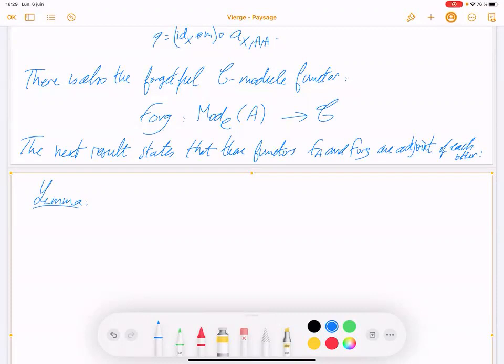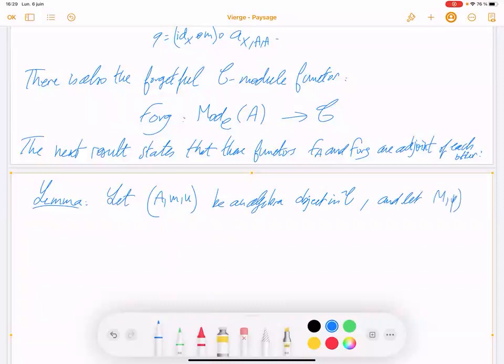So let (A, μ, u) be an algebra object in C, and let (M, P) be an A module.